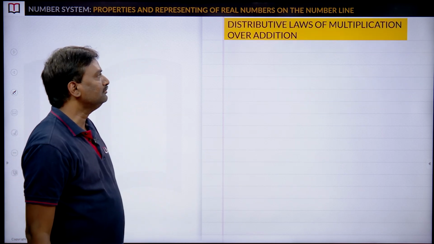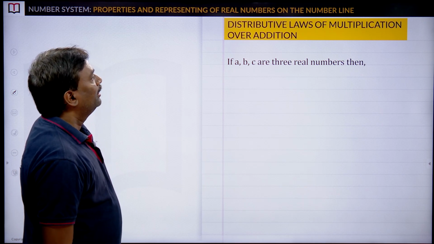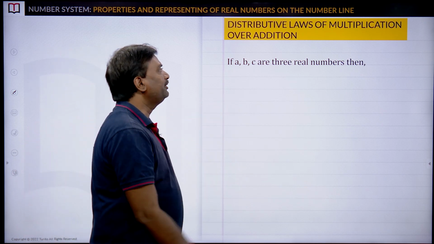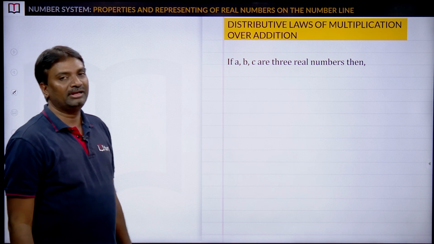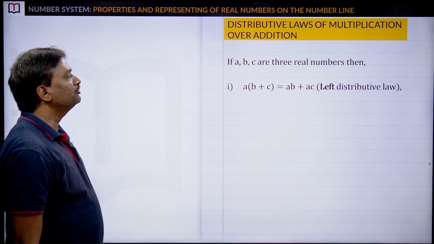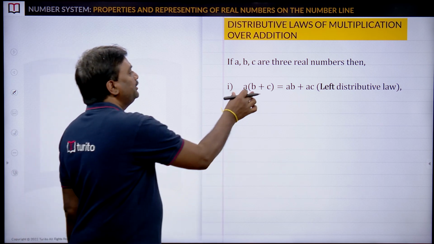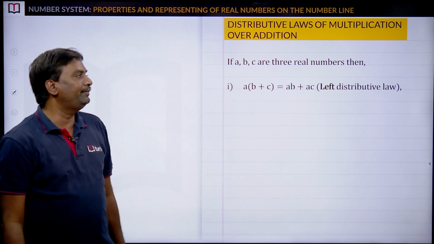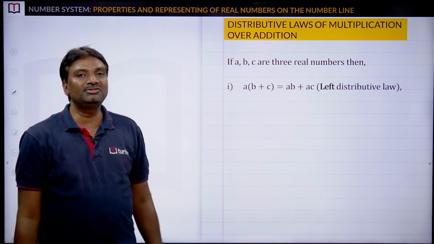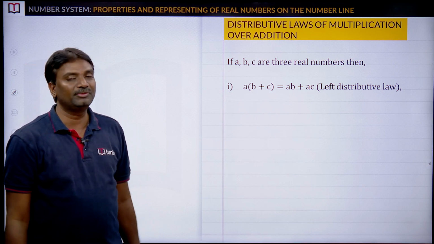Next, distributive laws of multiplication over addition of real numbers. Suppose that A, B, C are 3 real numbers, then A into (B plus C) equal to AB plus AC, that is known as the left distributive law.